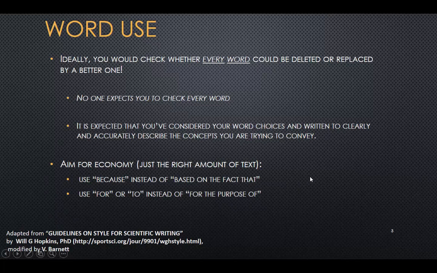Based on the fact that is not an inappropriate thing, but it's unnecessarily wordy. Sometimes you can use "for" or "to" instead of "for the purpose of." Doesn't mean you have to replace every instance, just means that when you have a sentence and you run across a clause like "based on the fact that," you consider, should I shorten this or not?